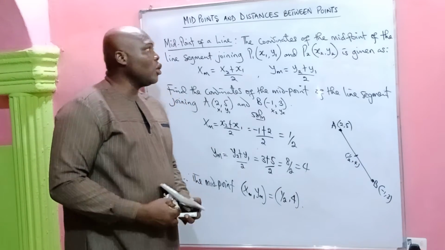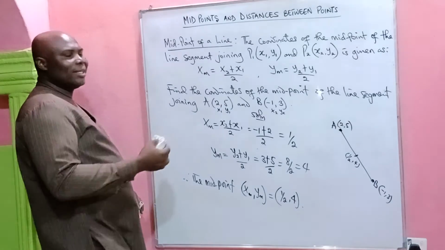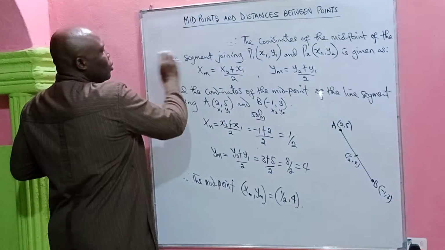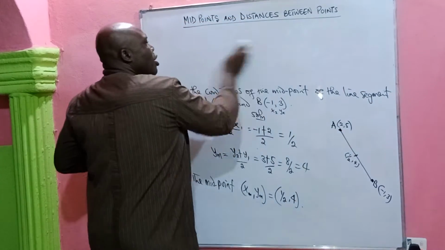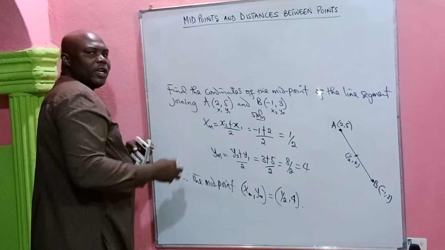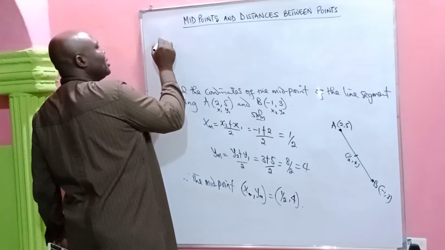Without waste of time, we are going straight to the next part, which is the distance between 2 points, or the distance of a line. Please take note, distance. So how do we get the distance of a line given 2 points that are mapped on space?